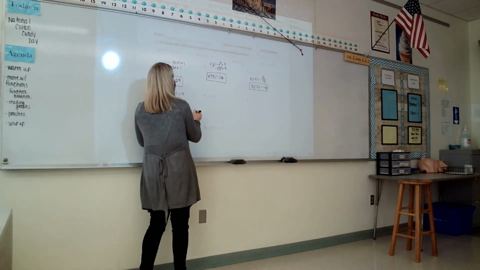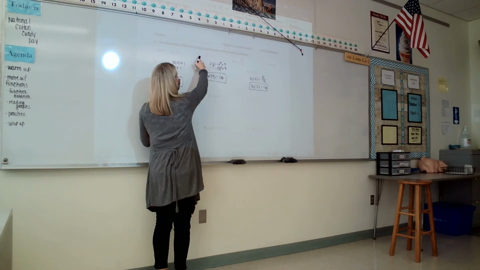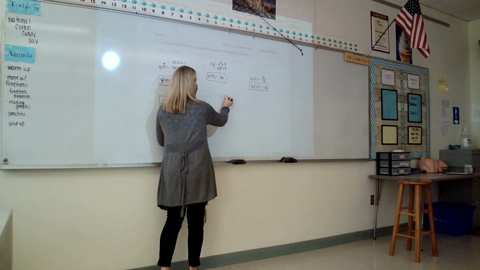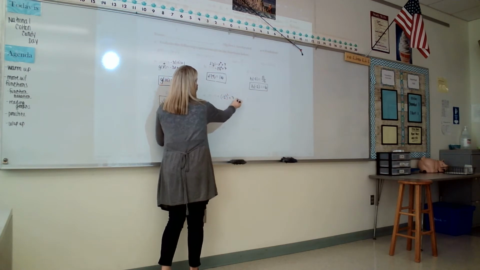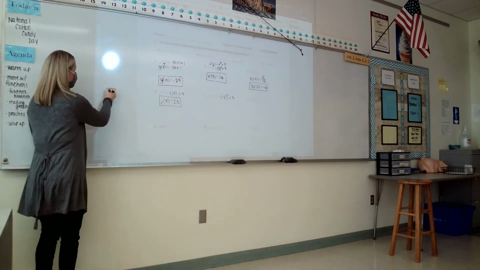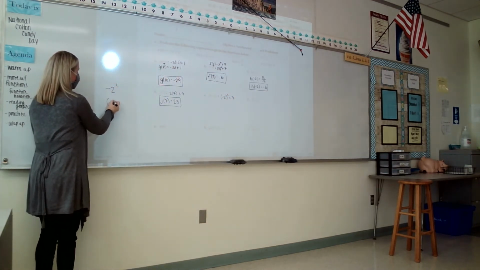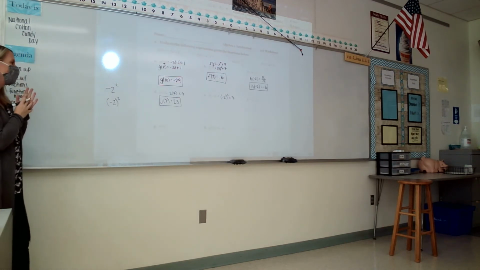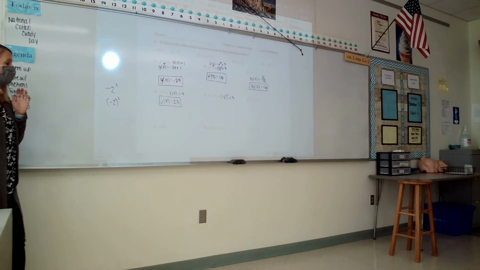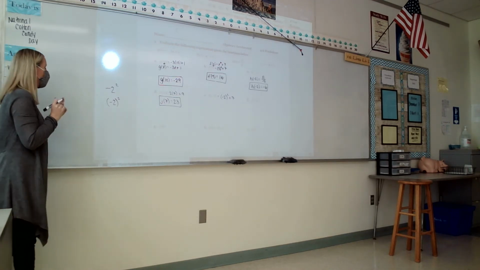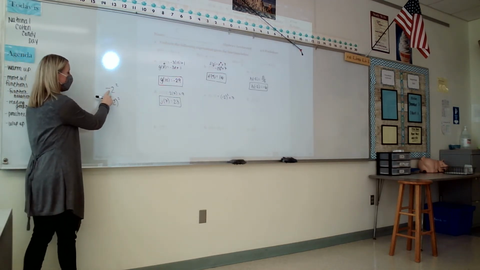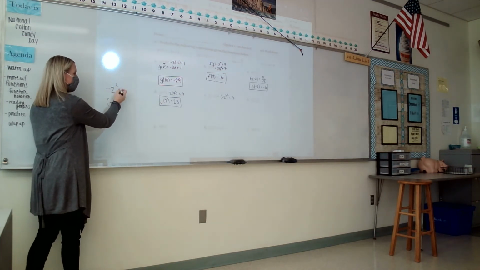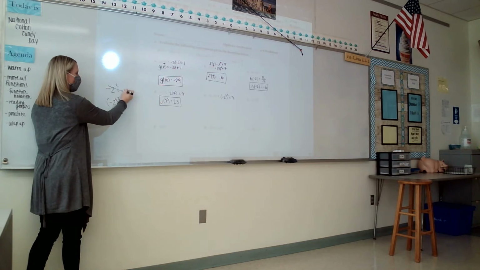Any problems with those? All right, E, f of negative 2. This is where the parentheses are gonna matter, especially if you're using a calculator. Just as a reminder, saying this and saying this are two different things. So this is where you need to be careful, but the calculator is my best friend. I get super lazy and I just plug things in. But if you plug it in like this, it does 2 squared, which is 4, and then it makes it negative, so that would be negative 4, which we don't want.